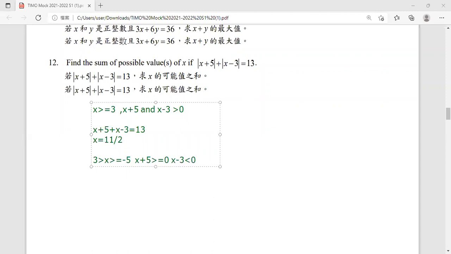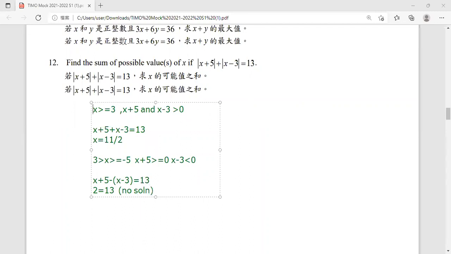So what happened is that then I will get something like this, which becomes equal to 30, which is no solution. No solution.